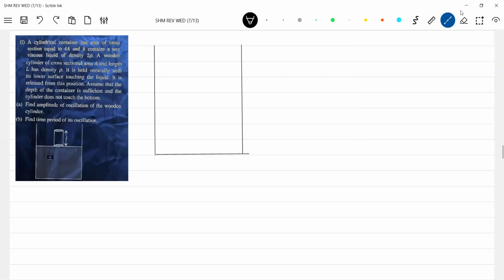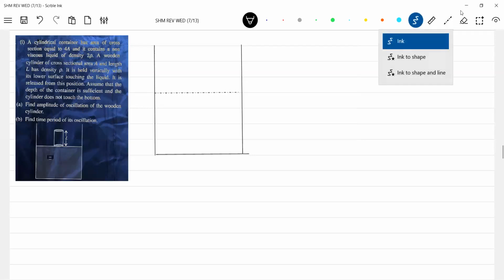So there's the initial level. The block is released from here.